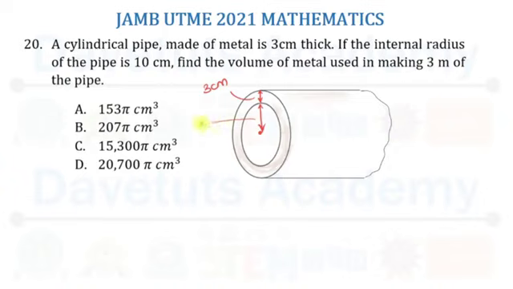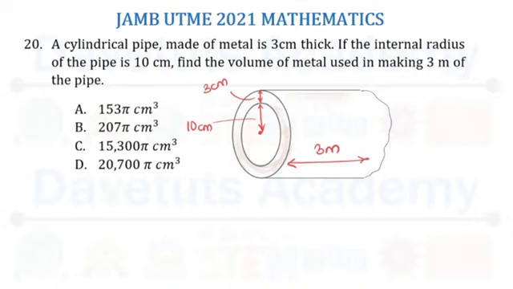So we also have this as 10 centimeters. Now we are to find the volume of the metal that is used to make 3 meters of the pipe. So we have some length that is 3 meters by specification, and we are to find the volume.